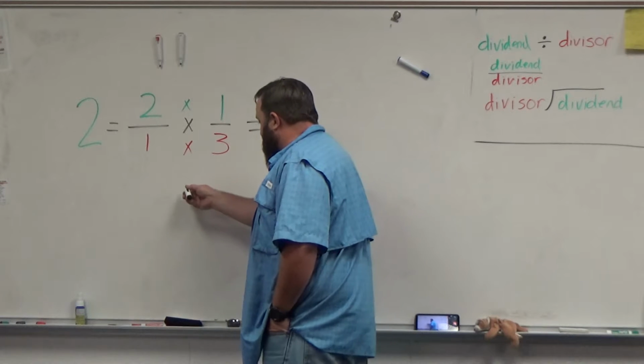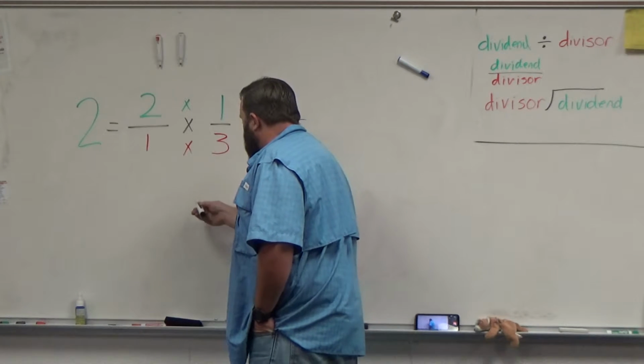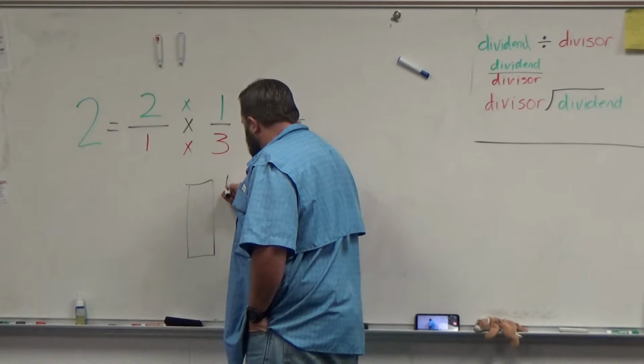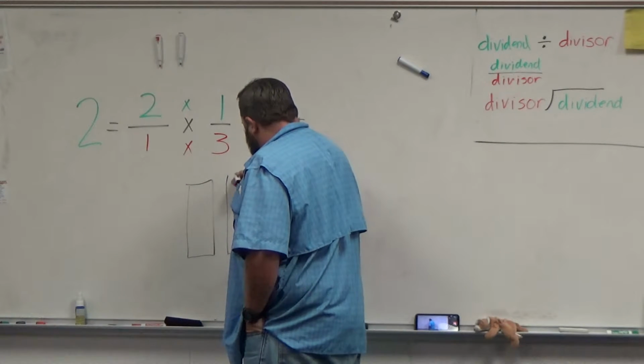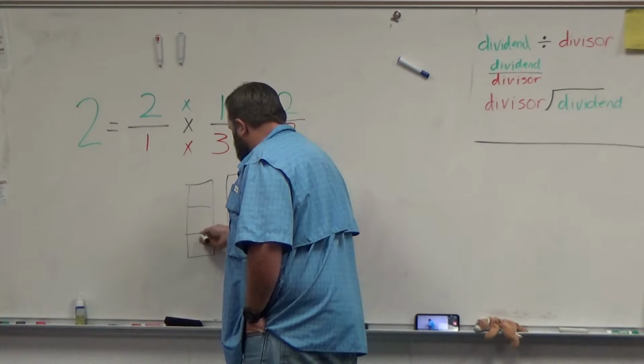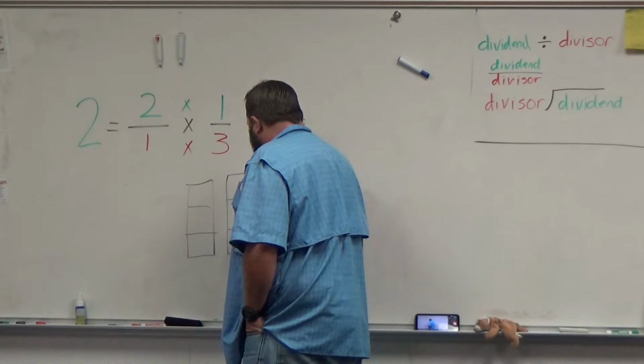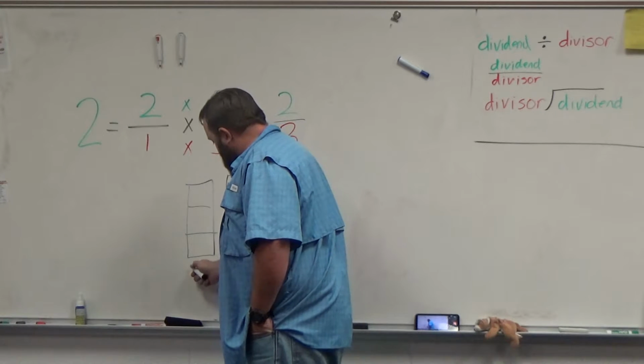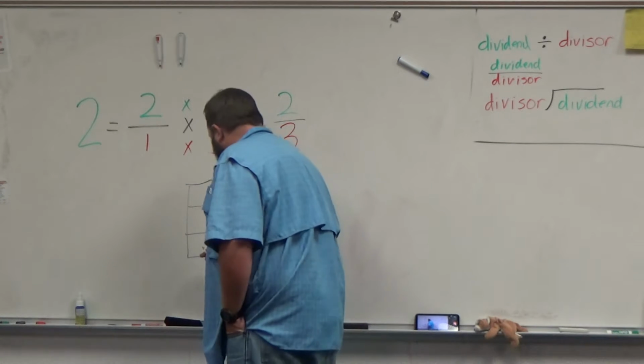We talked about the area model, okay? So it's 2 times 1/3. I'm going to draw 2 wholes, and I'm going to divide it into thirds. So this is the area model.